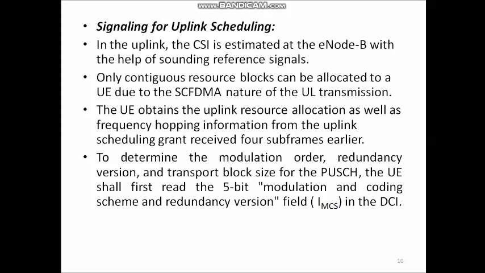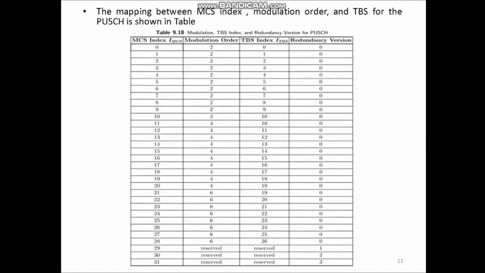Next, to determine the modulation order, redundancy version and transport block size for the PUSCH, the user equipment shall first read the 5-bit I_MCS, that is modulation and coding scheme and redundancy version, in the downlink control identifier. This we will see in the next table. Okay, in this table, the mapping between MCS index, modulation order and TBS for the PUSCH channel is given.